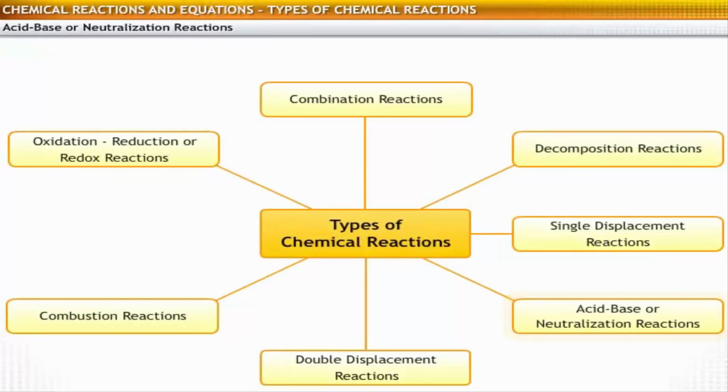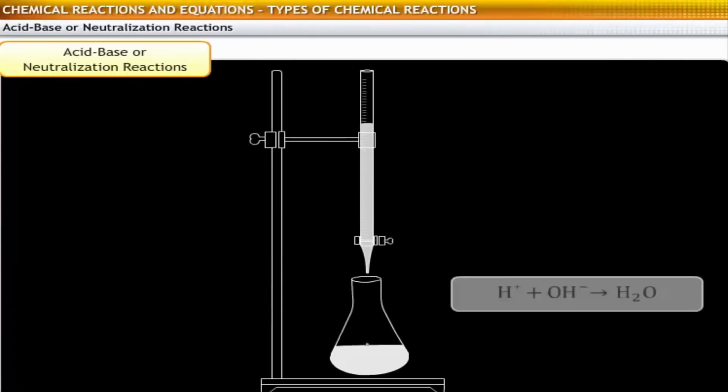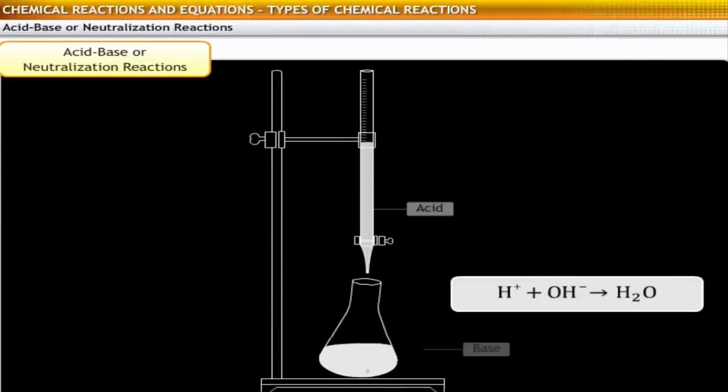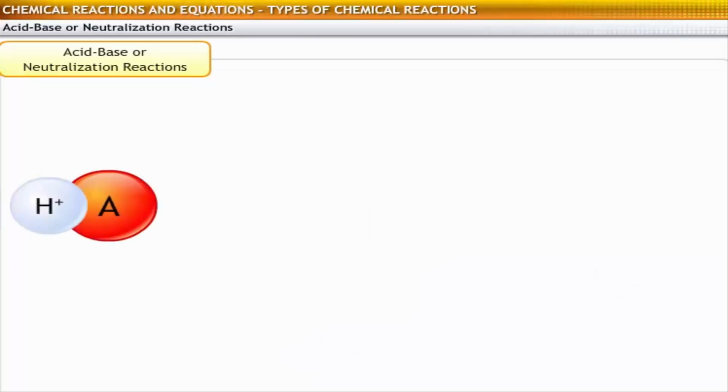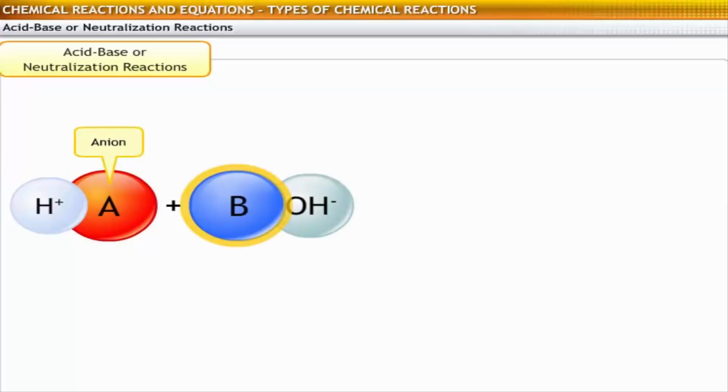An acid-base reaction is a special kind of displacement reaction between an acid and a base. Most acids have the general formula HA, where A is an anion, while most bases have the form BOH, where B is a cation.